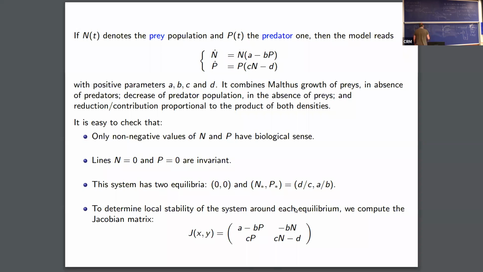And then you want to have this part, which is just the B and P, and this is plus C and P, no? If you write it in the form of a Lotka-Volterra system, you divide by N upstairs, by P downstairs.